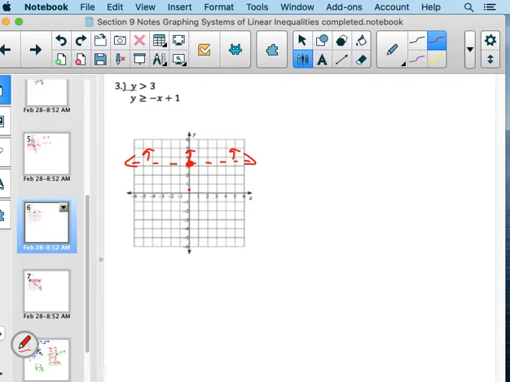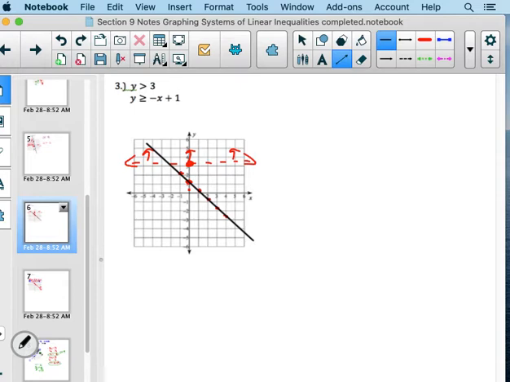Second inequality, I'm starting at positive 1, and my slope is negative 1 over 1. So this one I would go down and to the right again. And I need a solid line this time. And is 0 bigger than 1?